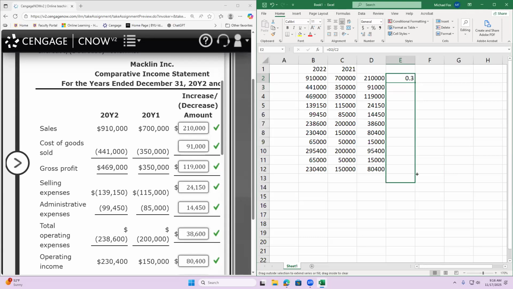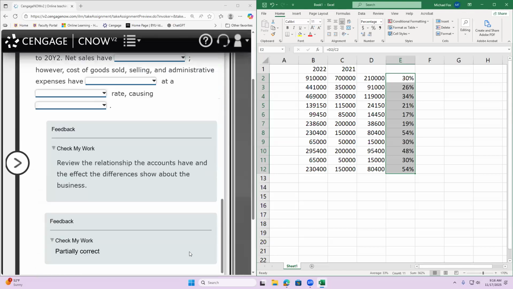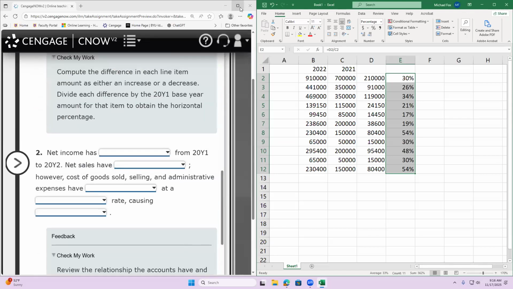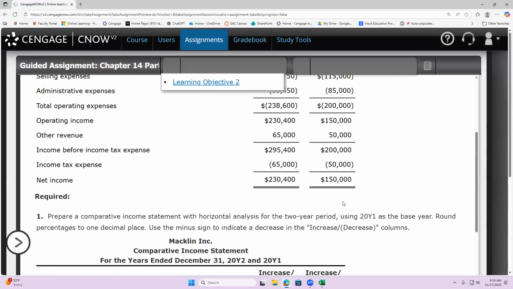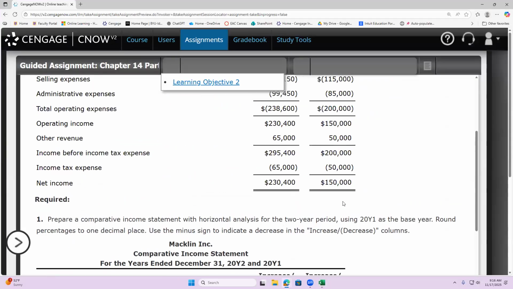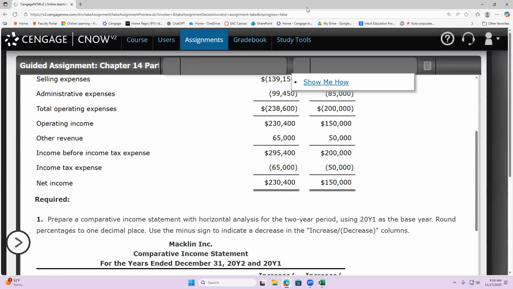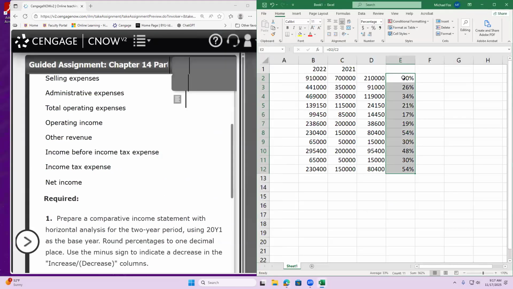And again, once I put that formula in once, I can drag it down and I can even tell Excel, please express this as a decimal. How many decimal places, one decimal place? So I'm going to tell Excel, give me one decimal.